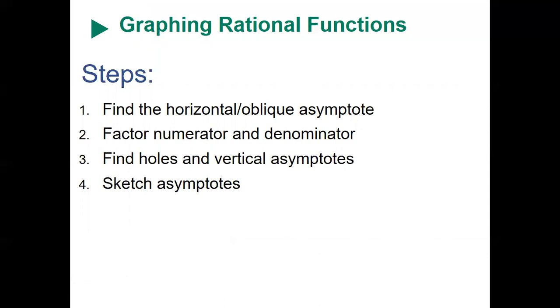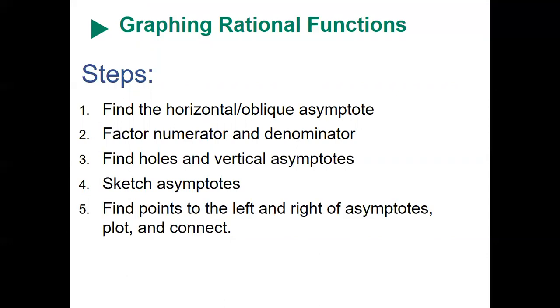Find your holes and vertical asymptotes, and then you sketch everything. And then you find points to the left and the right of the asymptotes, and then plot and connect. So I'm going to give you a moment to write them down, look at them, take a picture, whatever you're going to do. But those are the 5 steps we follow.